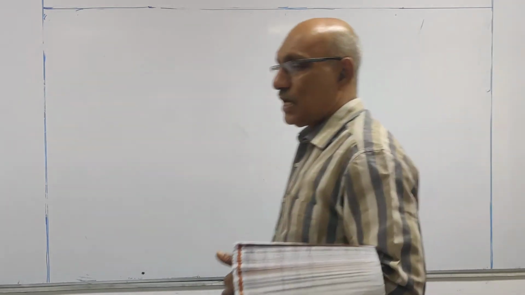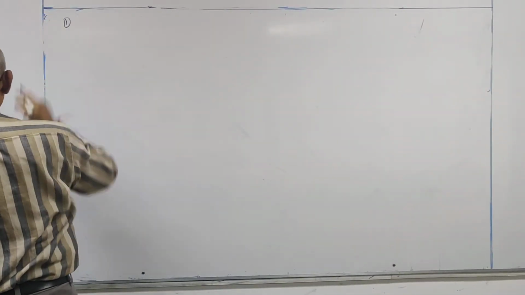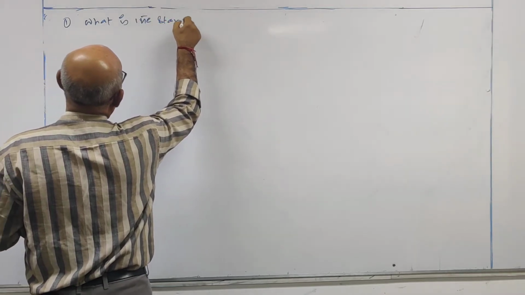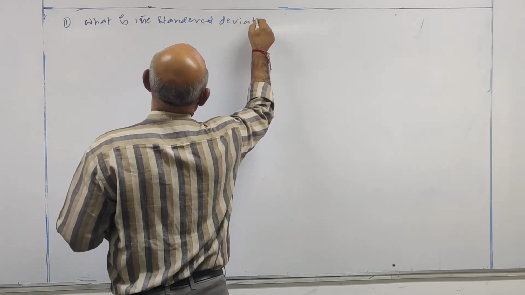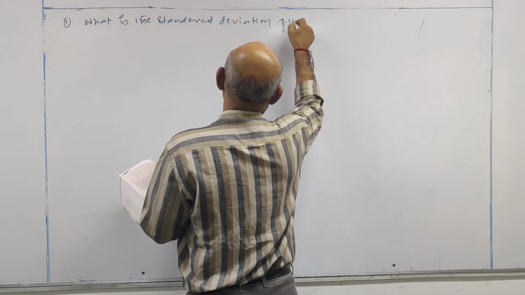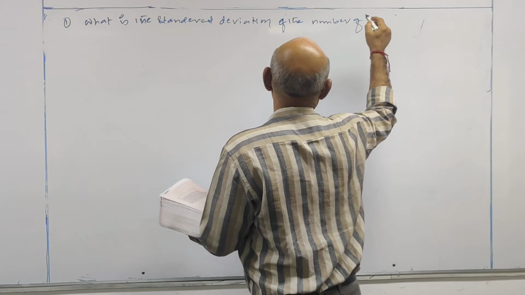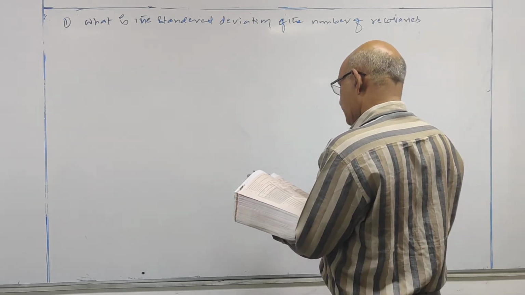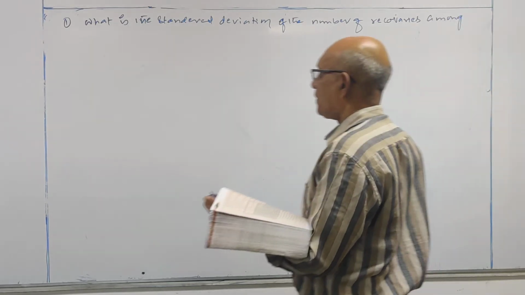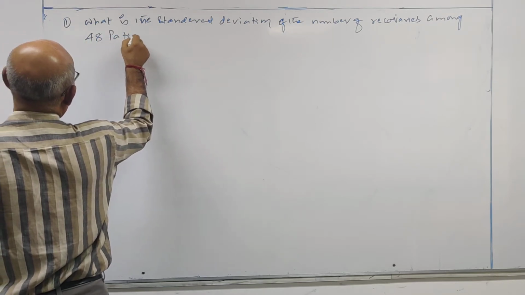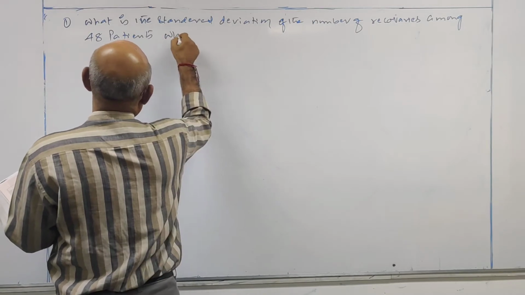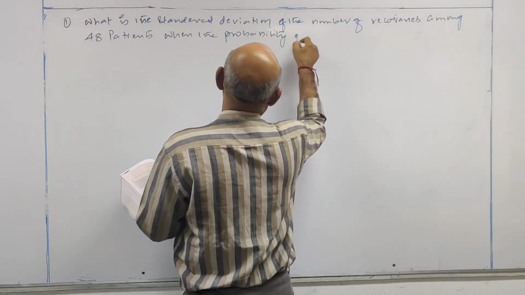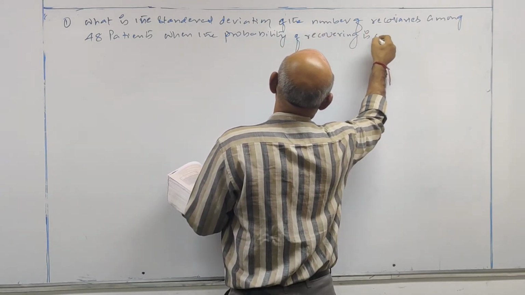Look at the first question. What is the standard deviation of the number of recoveries among 48 patients when the probability of recovering is 0.75?